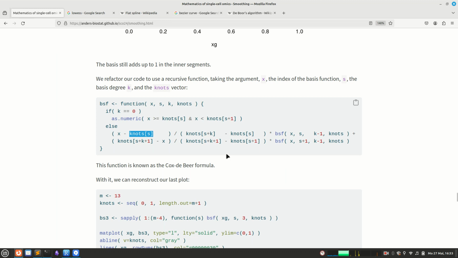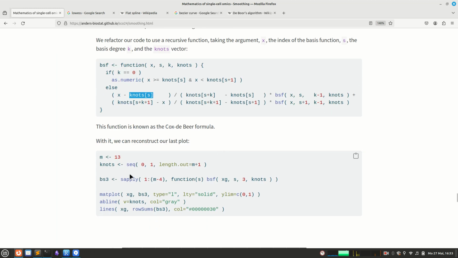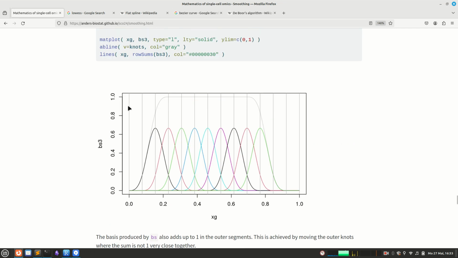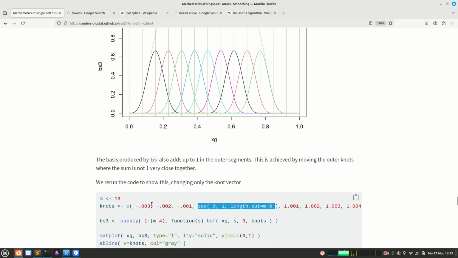Doing that, one thing I can do is make my splines here from 0 to 1, and then the outer 3 ones, this and this, I move all the way into 0. So that it's a little bit easier to say, I put them a little bit to the left of 0, to minus 1,000, minus 2,000, minus 3,000. And these here I put at 1,000, 2,000, 3,000.